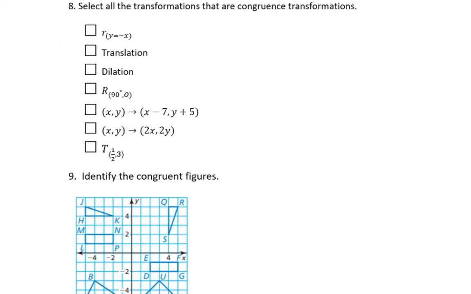On the next one, it says select all the transformations that are congruence transformations. So congruence transformations, we've been calling those rigid motions. But what that means is it just keeps its congruence. It stays the same size. It stays the same shape.